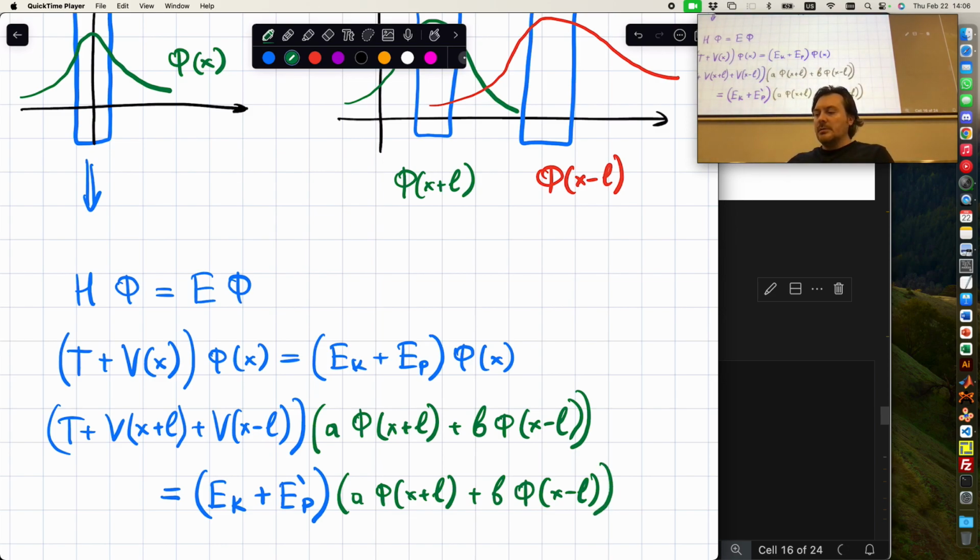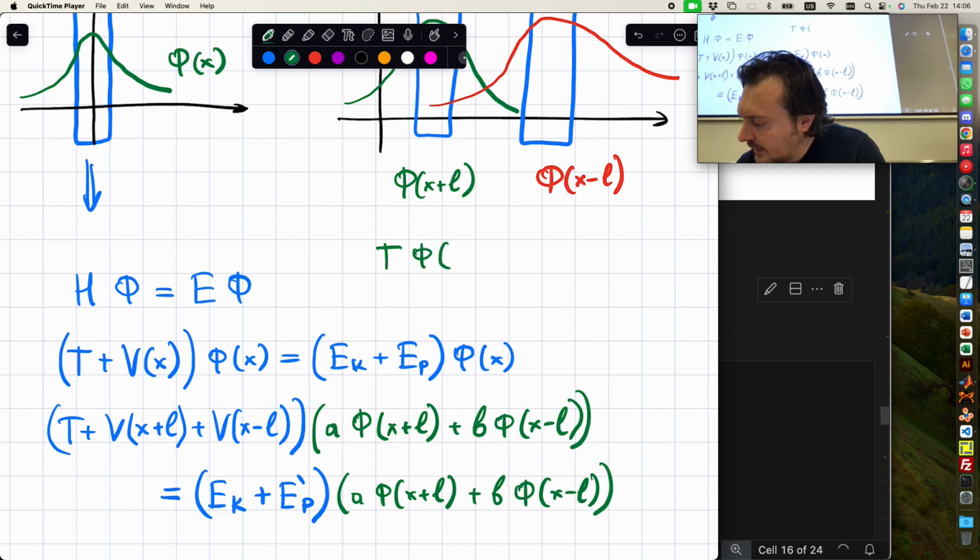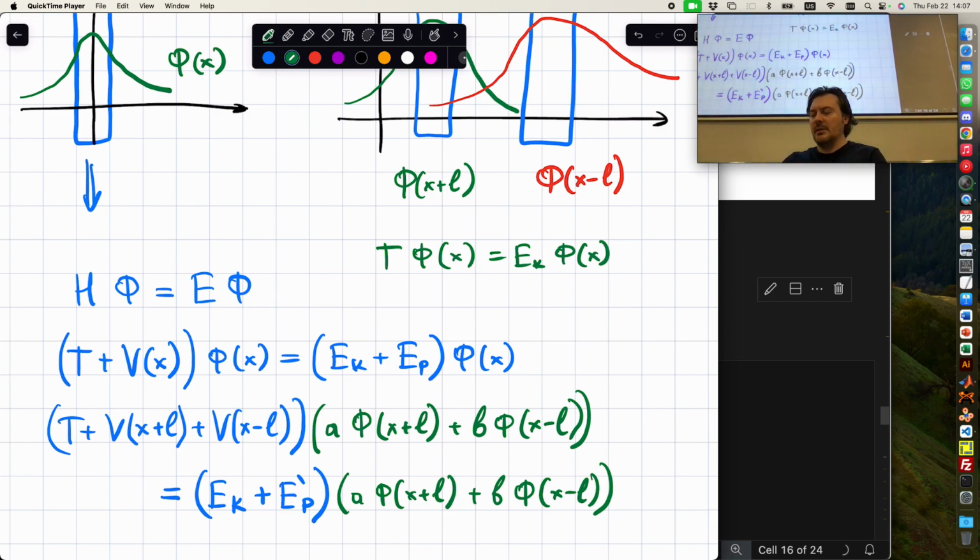Now, can you tell me what happens? So let's say I have kinetic energy times psi x equals kinetic energy times psi x. Let's say this is the case. Then it's a plane wave. I don't like it. Sorry. I was going for something else.